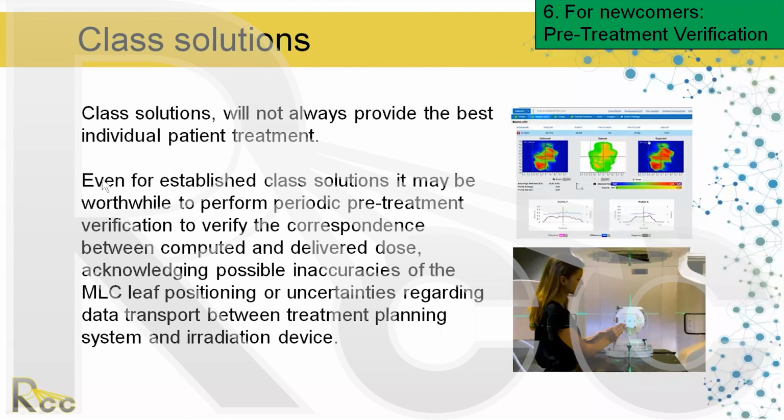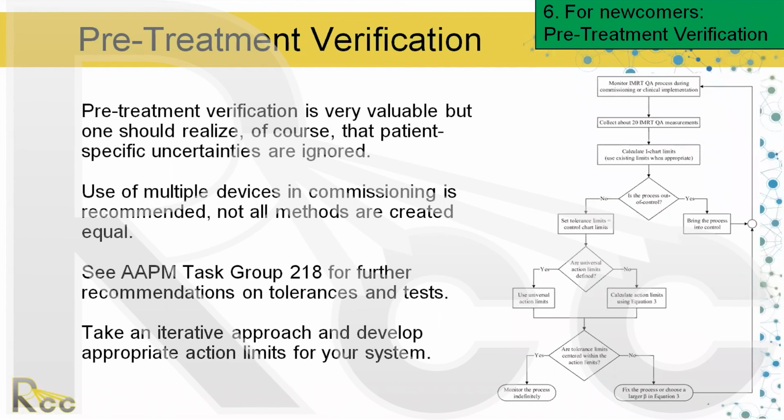So even established class solutions which have been validated should still be periodically rechecked to make sure that they're being implemented properly. And for other pre-treatment verification, there's a whole AAPM task group, TG-118, that goes into the tolerances. It's important that when you're implementing your system, you're using different devices.